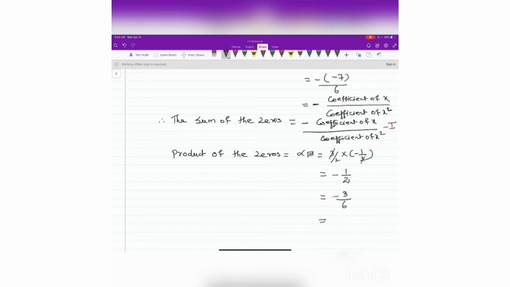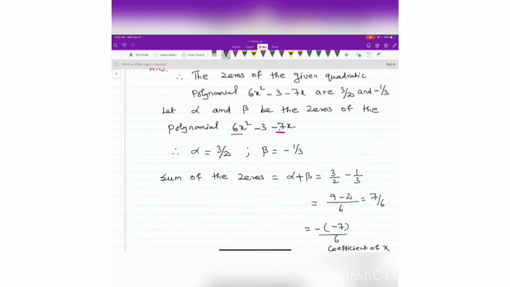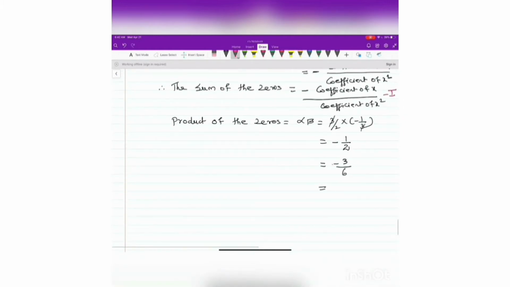Now, what is this minus 3? If you see, minus 3 is the constant term and 6 is the coefficient of x square. So I can write over here constant term by coefficient of x square.